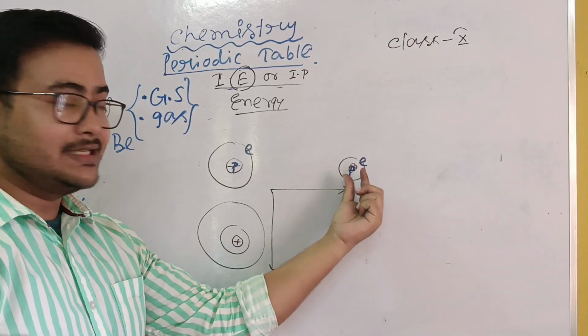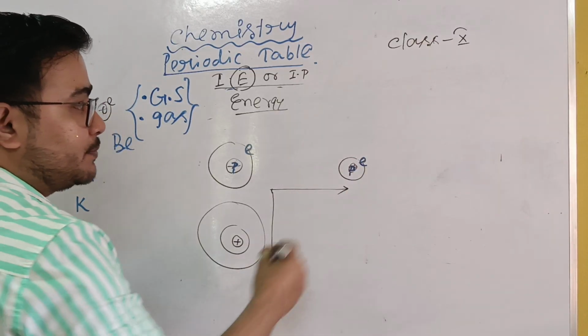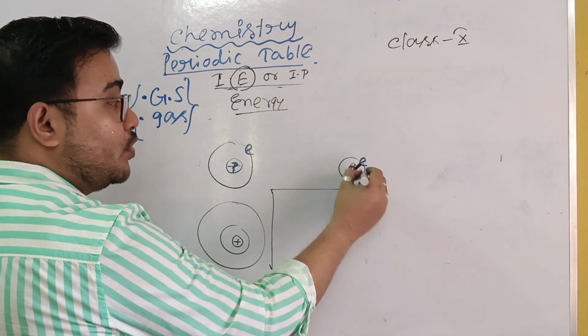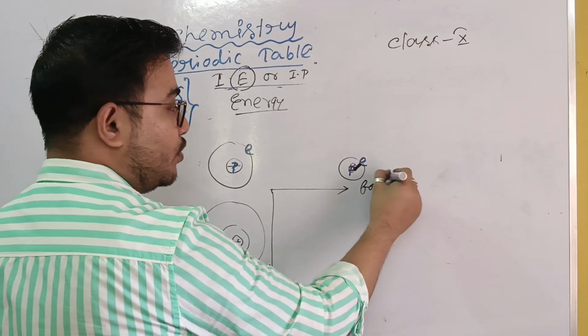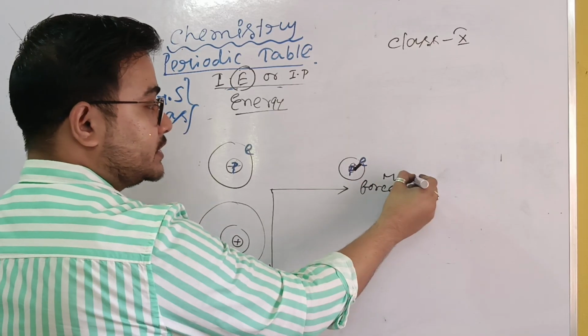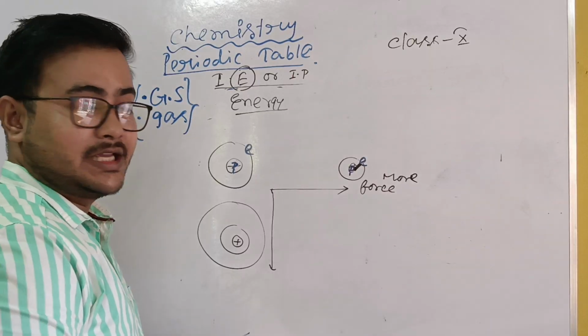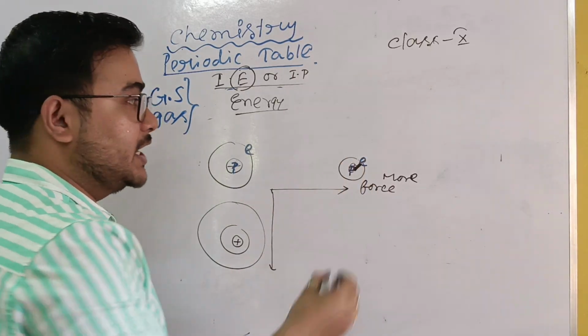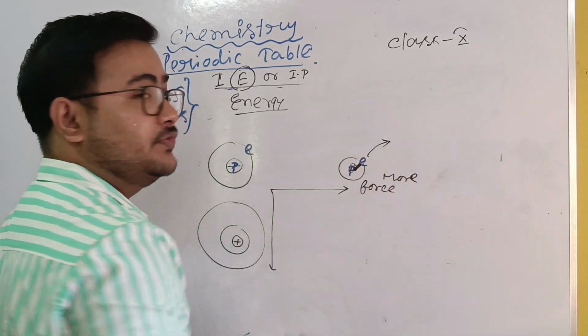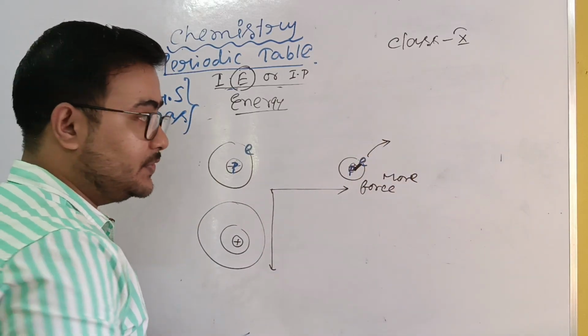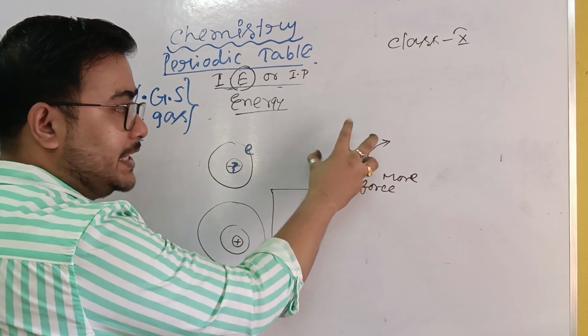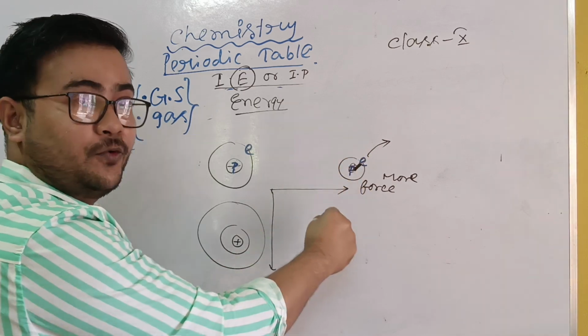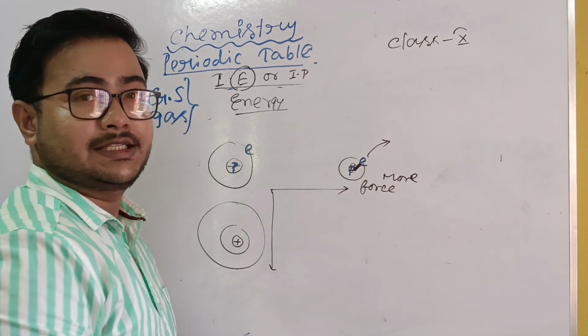Here the distance is less, so attraction is more. Since the proton attracts the electron with more force, it is very difficult to remove the electron, because the distance is very less.